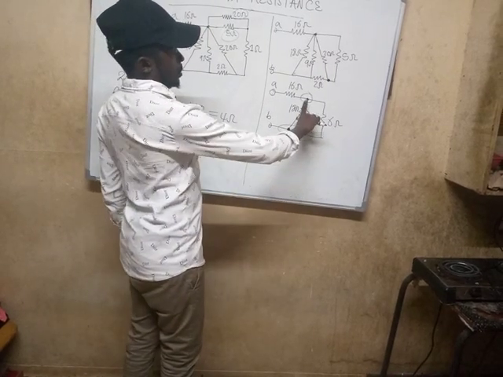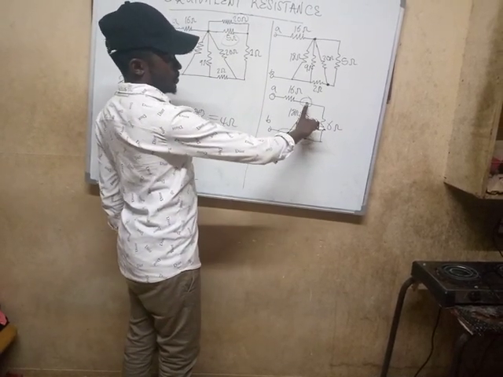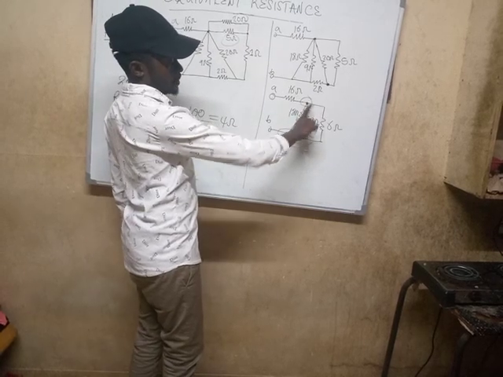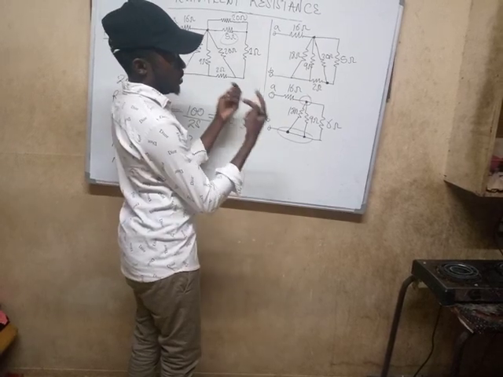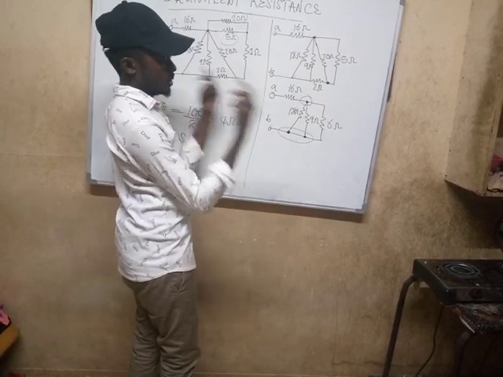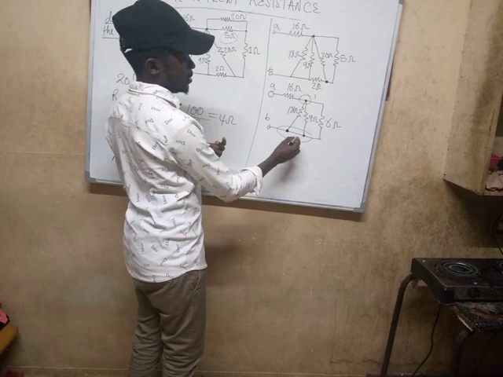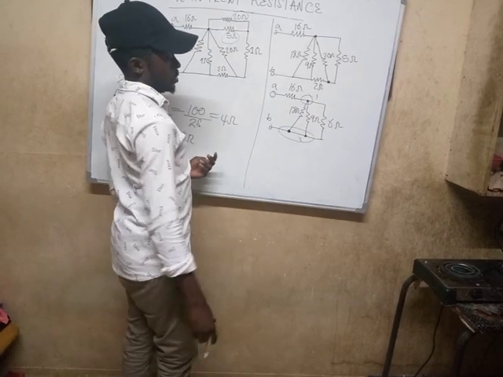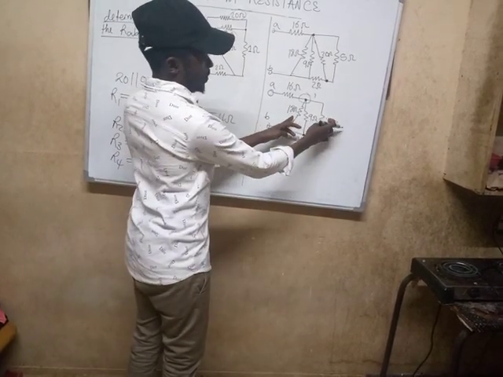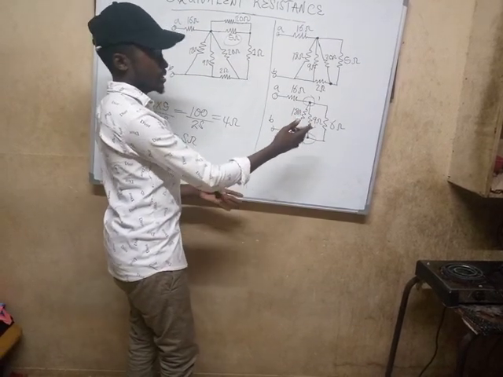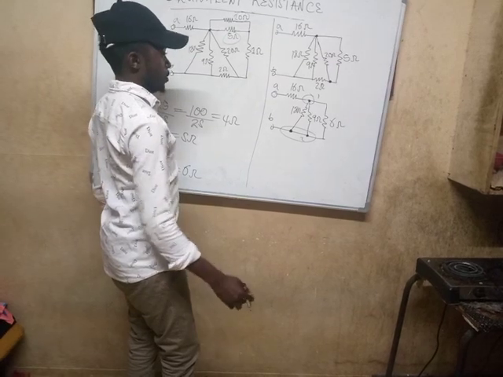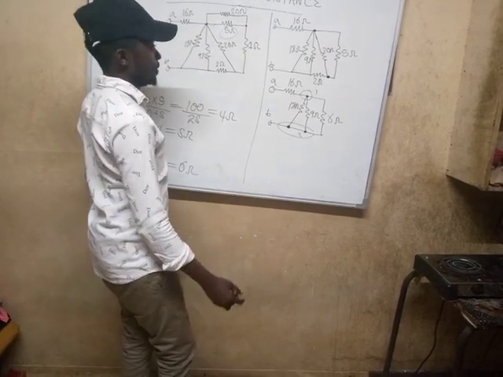So we have a common point of contact. So they are connected to the same 2 nodes. This is node 1 and this is node 2. So all of these resistors, the 18 ohms, 9 ohms and the 6 ohms resistor, they are in parallel. So we can perform the parallel arrangement method.